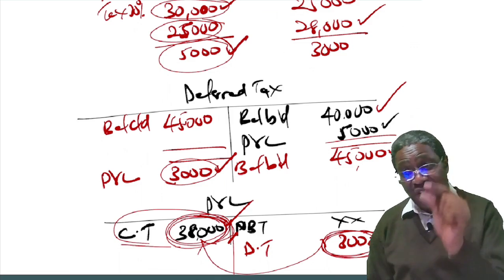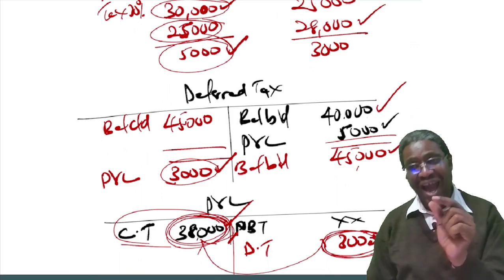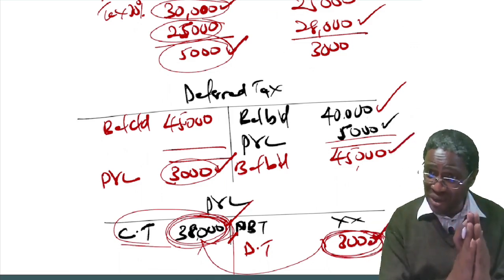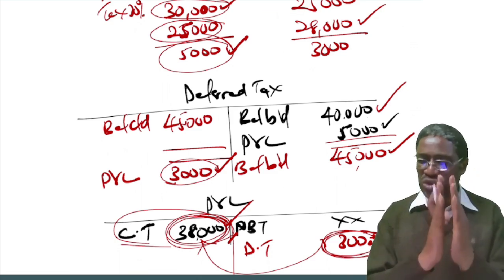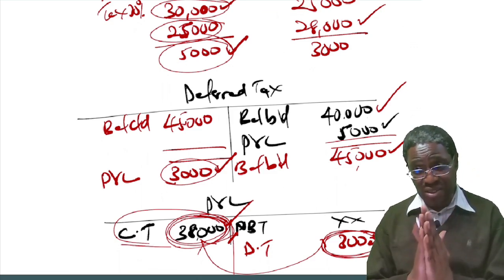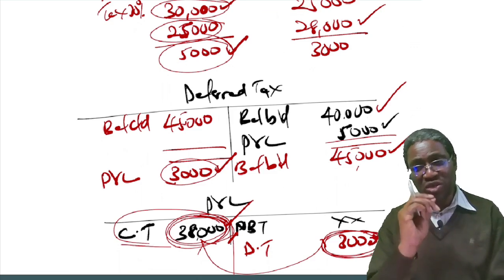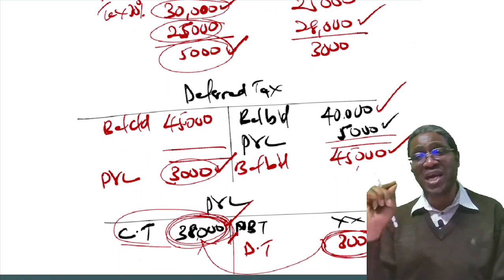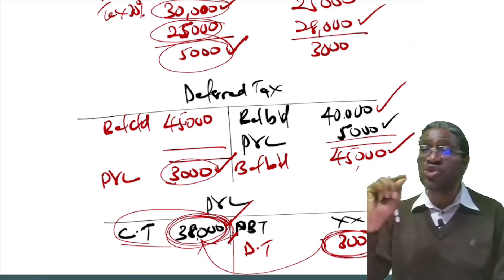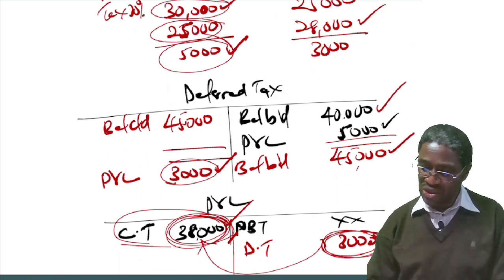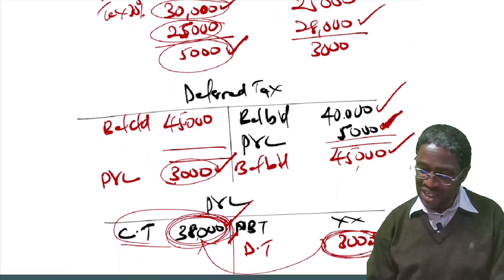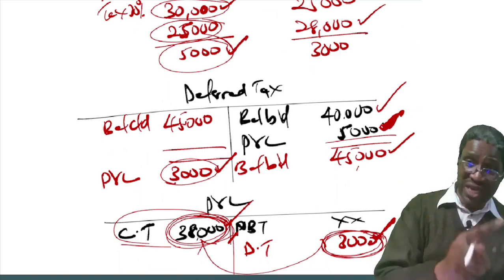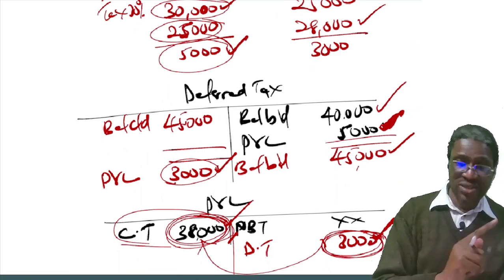To defer 5,000, I had to transfer the 5,000 to the deferred tax. Deferred tax being a liability, to transfer it to the deferred tax, you will credit. That's why I credited deferred tax by 5,000. It means I had to debit P&L account. Are you there? Good.